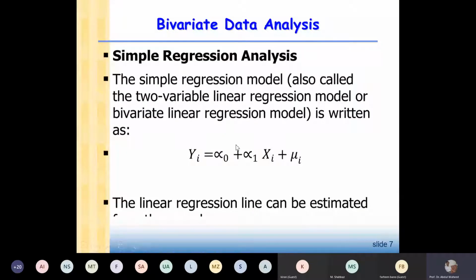So this is a simple regression model. y is the dependent variable and x is the independent variable. This is also called the two variable linear regression model.